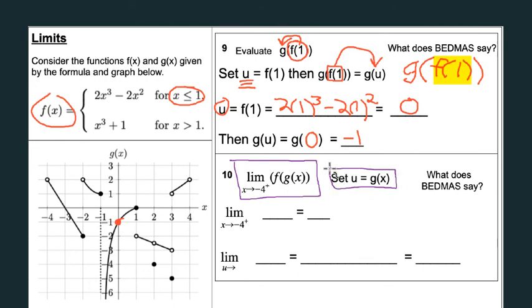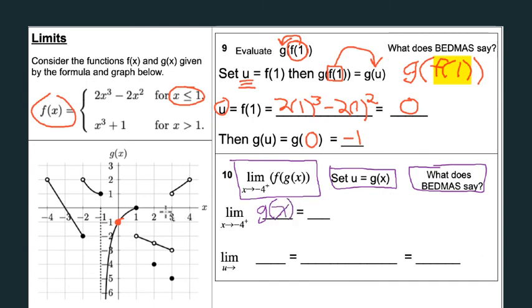So u equals g of x. What does BEDMAS say? Deal with the inside first, folks. Always the inside first. So we're going to do the limit as x approaches negative 4 on the positive side. But we're going to do it for g of x, right? We have to do the inside first. That's the way BEDMAS works.